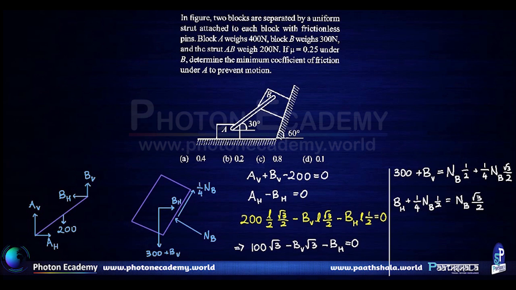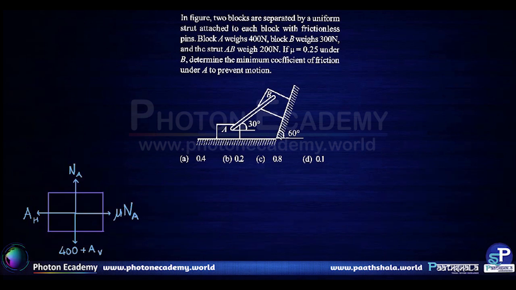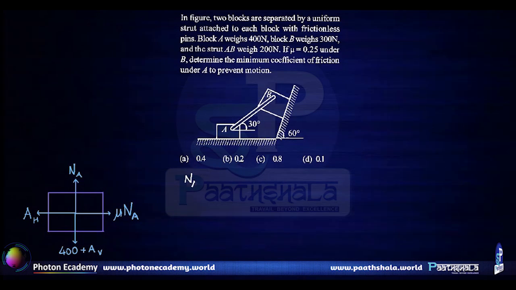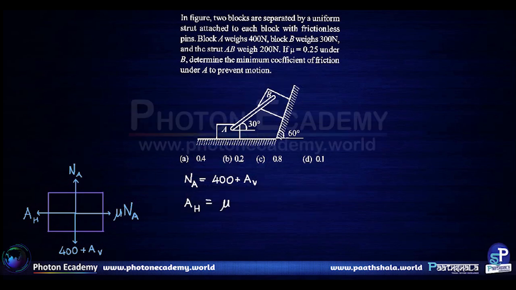Now let's move to block A. The equations for block A are rather simple. We have NA, which is the normal reaction on A, must be equal to 400 plus AV, and you also have AH is equal to mu times NA.